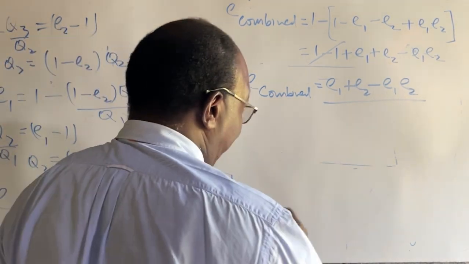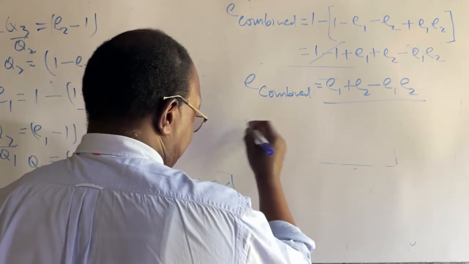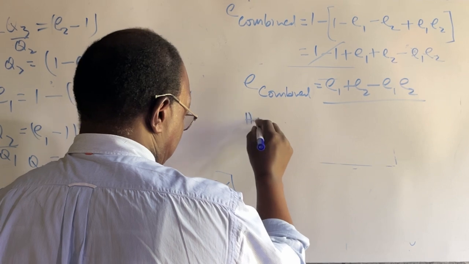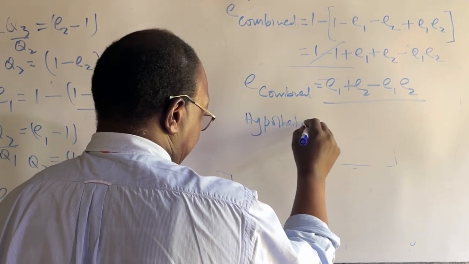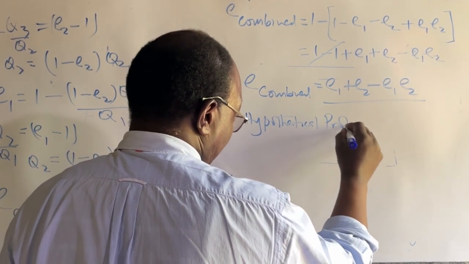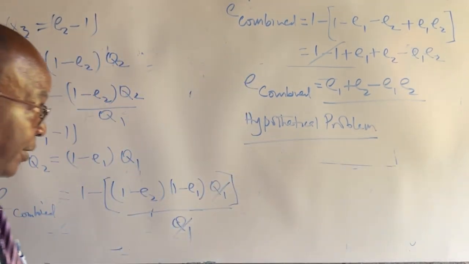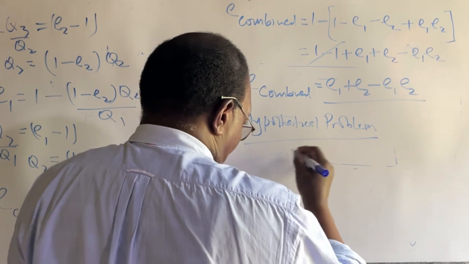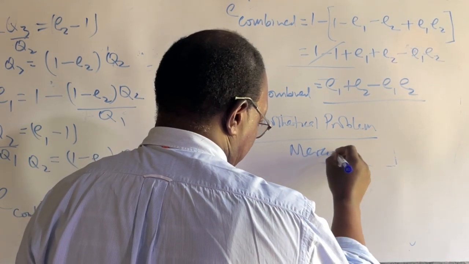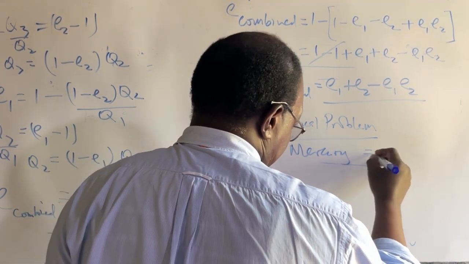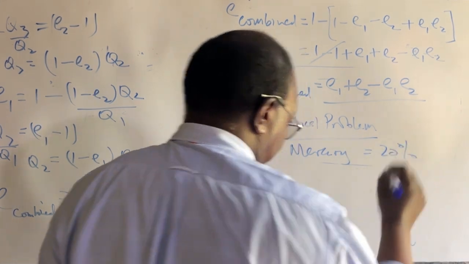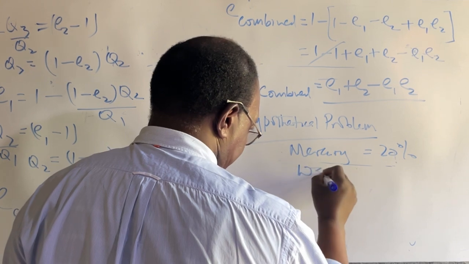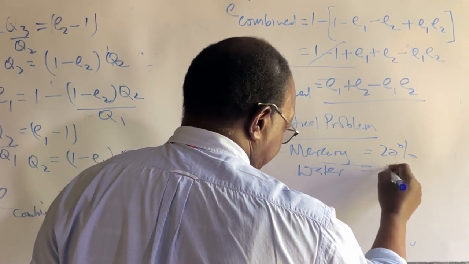Let us say, for example, that we have this hypothetical problem, where we have just picked some efficiencies. Let's say that the efficiency of the mercury cycle is 20%, and for the water Rankine cycle, let's say it is 10%.